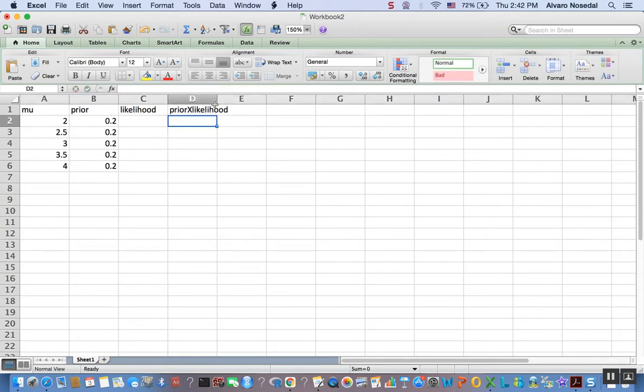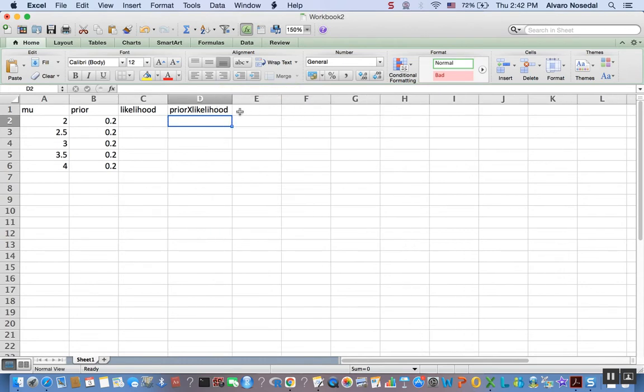Once you have the product between prior and likelihood, you take the sum of all these products, and then your posterior would be each of these products divided by their sum. Okay, that is going to yield the posterior.